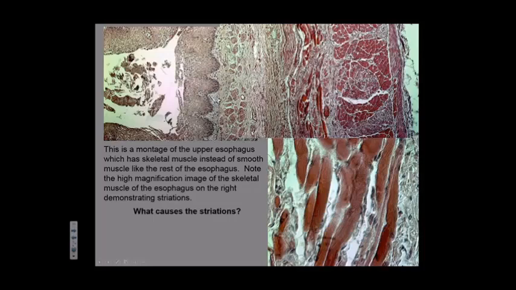So here's the esophagus, okay? Non-keratinized stratified squamous epithelium. The upper third of your esophagus is skeletal muscle. And this is the upper third because on high magnification, you can see some striations. And the lower two-thirds of the esophagus is non-keratinized stratified squamous epithelia and smooth muscle rather than skeletal muscle, the upper one-third.